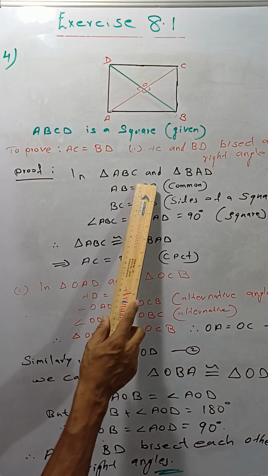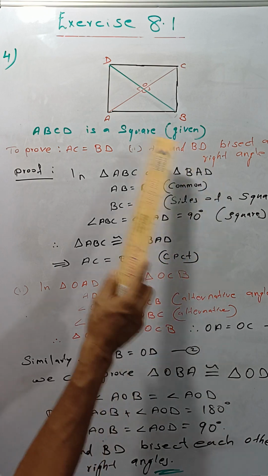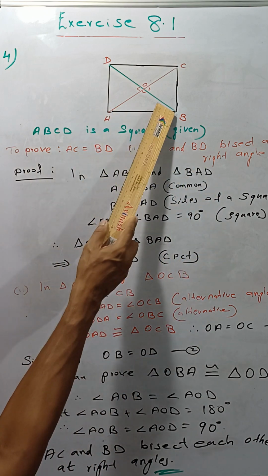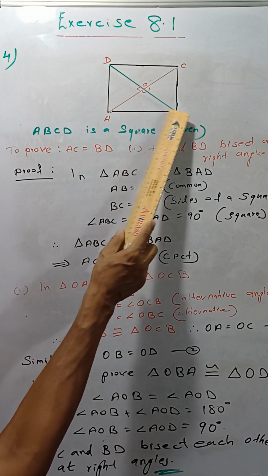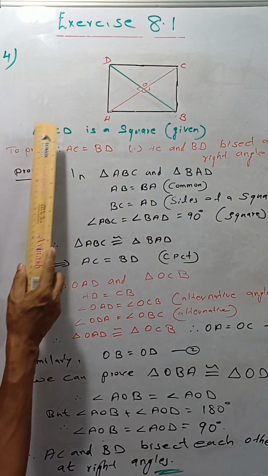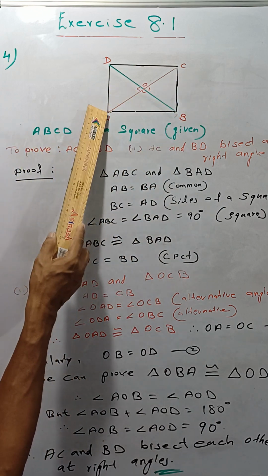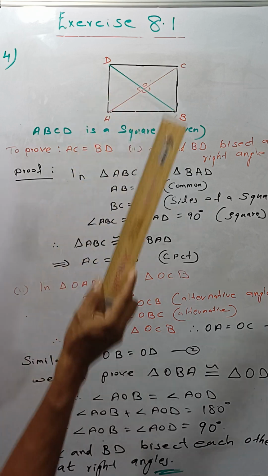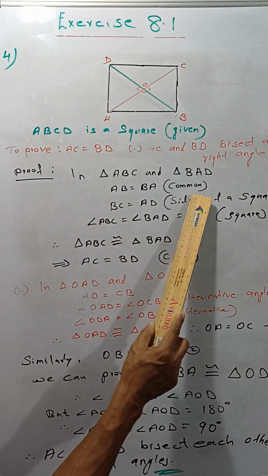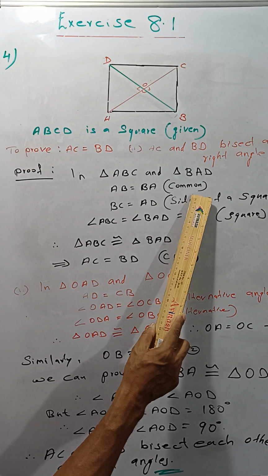In triangle ABC and triangle BAD, AB is equal to BA, that is common.